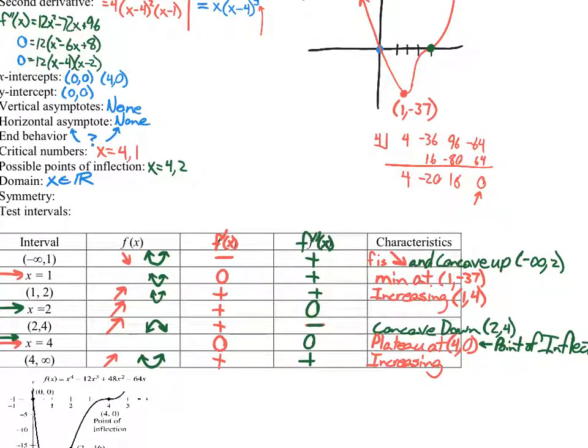Oh, we missed one of our other points of inflection. I overlooked it. Right here, where it's 0, we changed from concave up to concave down, right? So that's our other point of inflection.